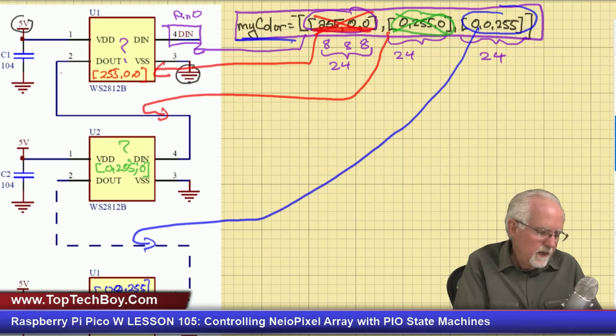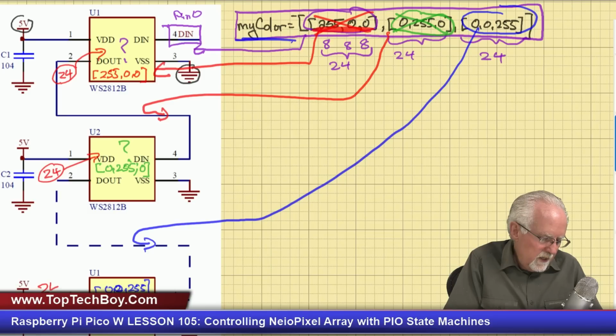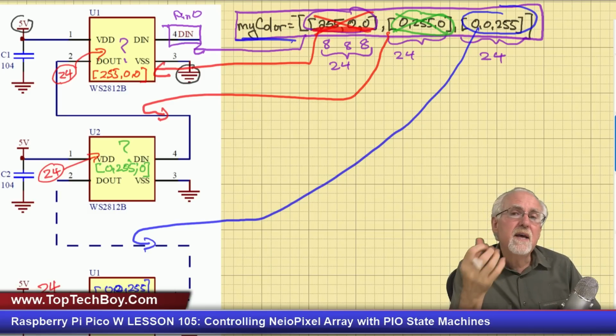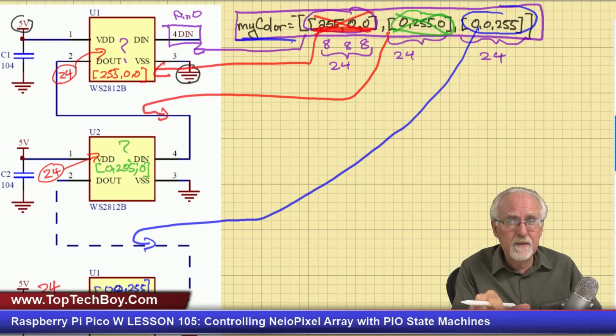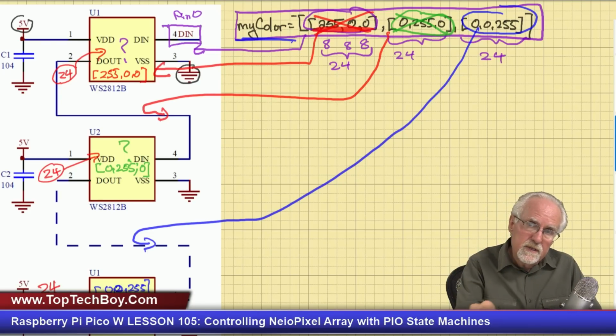I need to send the data 24 bits at a time, because the 24 bits have all the information of what the first color is. The 24 bits have the complete packet of data for this one. So each pixel wants to have its own 24 bits. In the state machine from Python, I'm putting the data 24 bits at a time, and then the state machine reads it in 24 bits at a time, and then the state machine sends it to the pins 24 bits at a time.